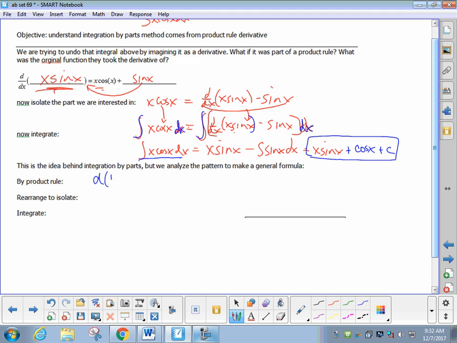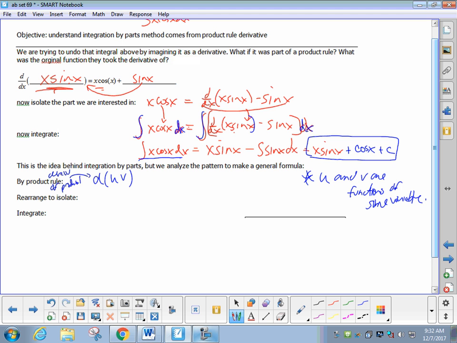Say I looked at taking the derivative of a product where u and v are functions of some variable. They could be of x, they could be of t, doesn't matter, but they're functions, and that means the derivative of the product uv.